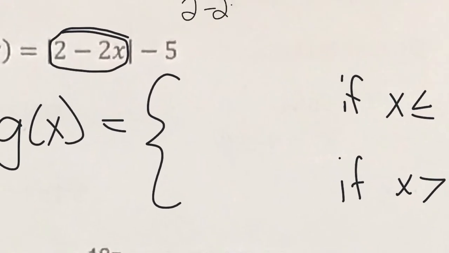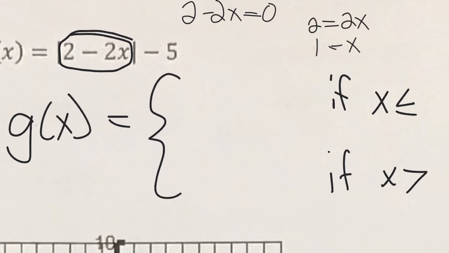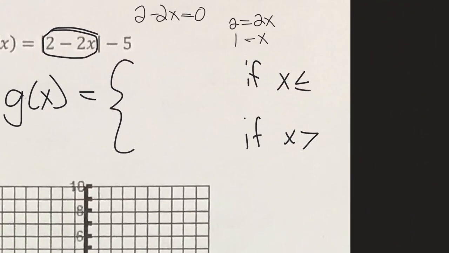So 2 minus 2x equals 0. So 2 equals 2x, so x equals 1. So positive 1 is where our fence is going to go. So to the left of positive 1, and to the right of positive 1.